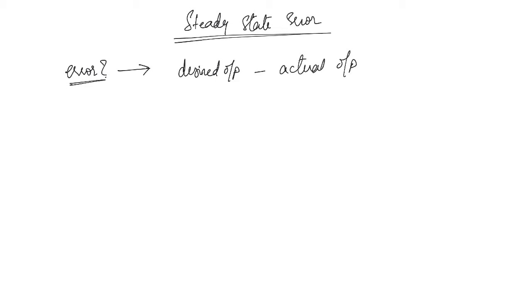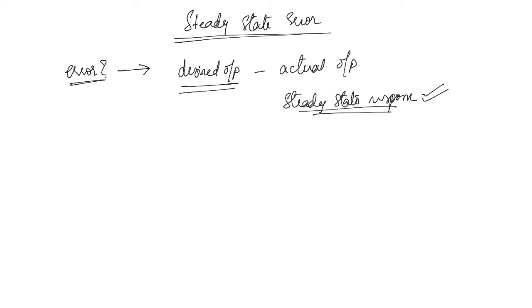Then what is meant by steady state error? Steady state error is nothing but the difference between the desired output and the steady state response. Whatever response that you are getting finally after the transients die out, that is the steady state response.